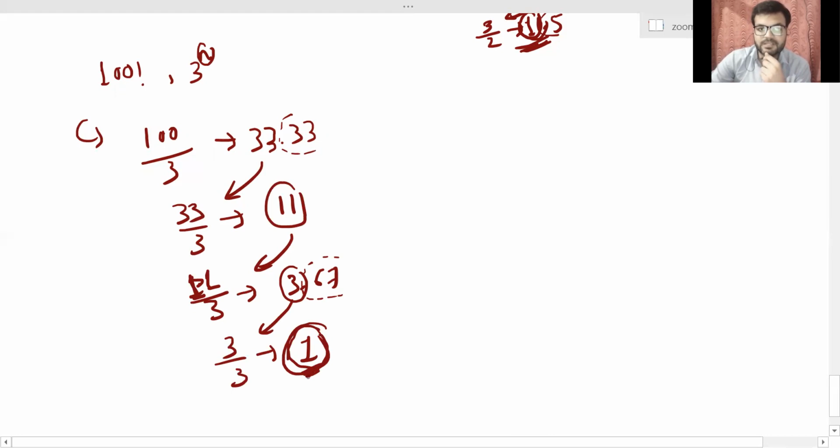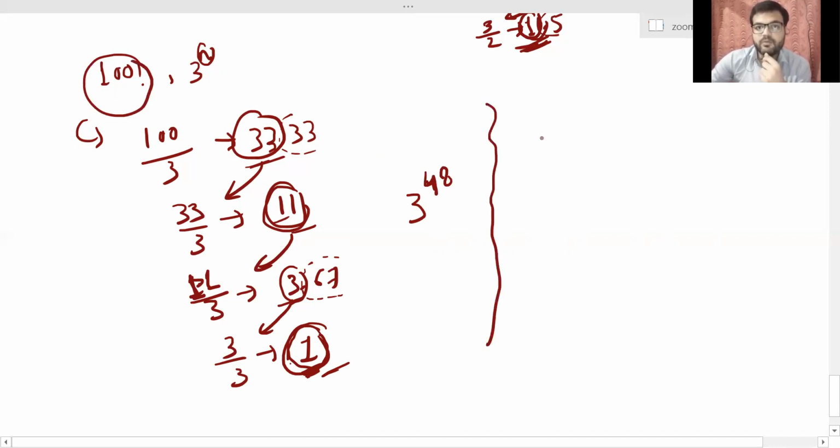Obviously, 1 is less than 3, so we stop the division here. Take all these integer parts and add them: 33 plus 11 plus 3 plus 1. So 33 plus 11 is 44, plus 3 is 47, plus 1 is 48. So 3 raised to the power 48. Maximum 48 number of 3's you have in 100 factorial. Is it clear?